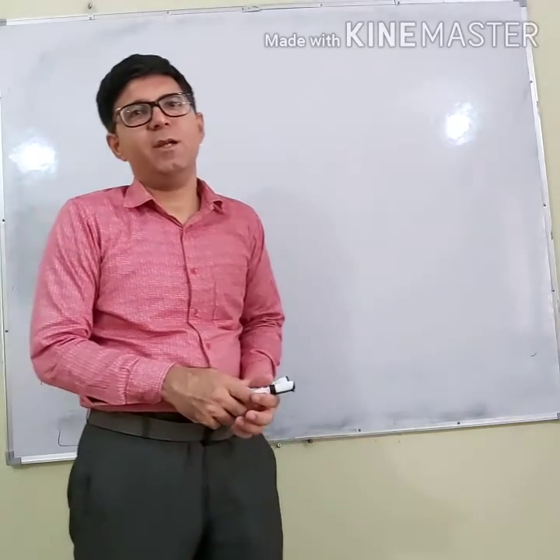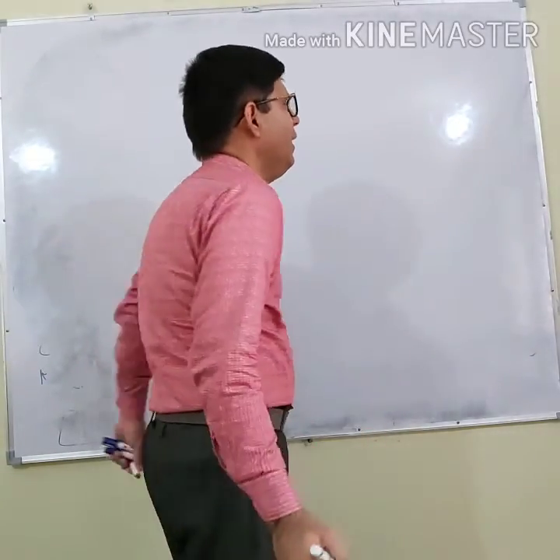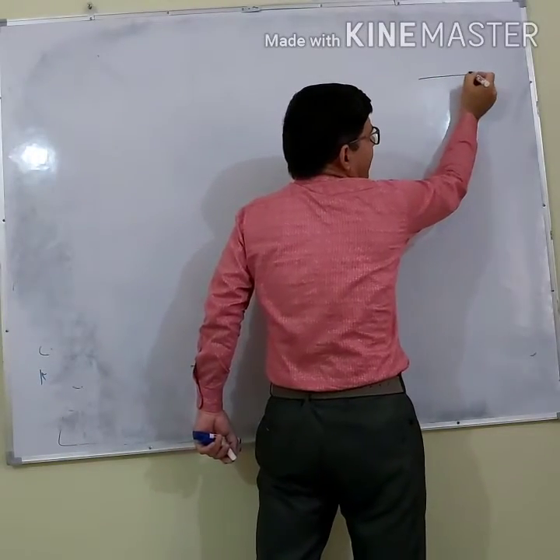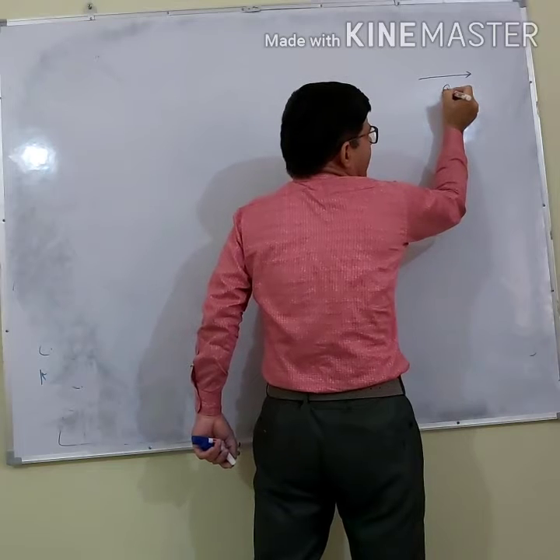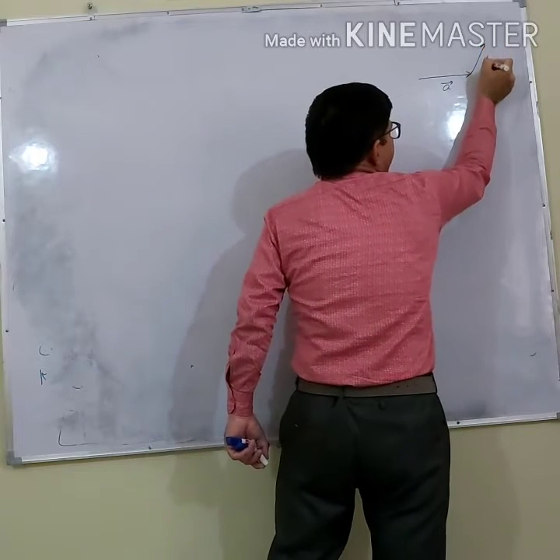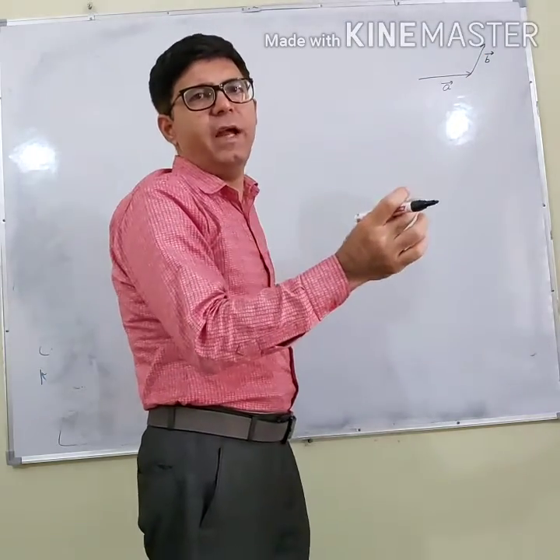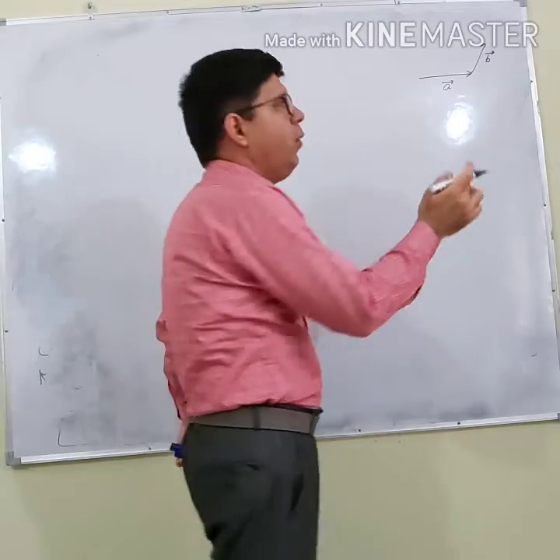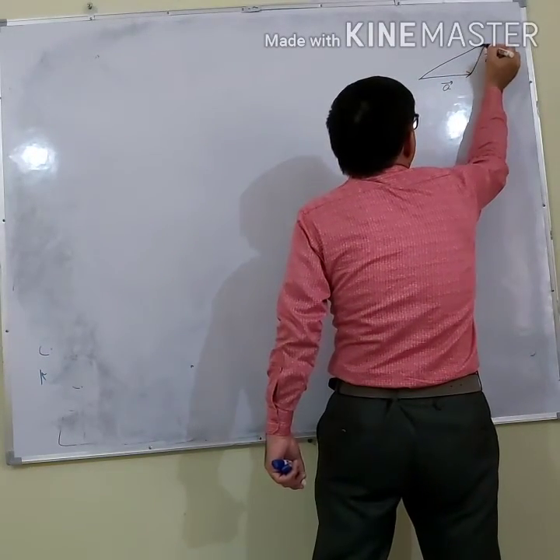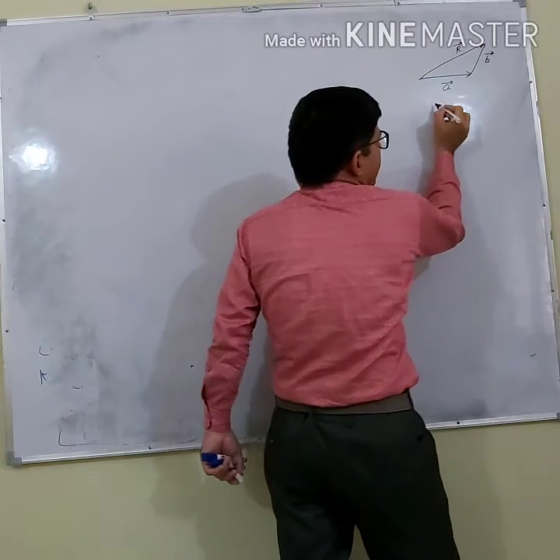Last time we discussed the triangle law of vector addition. If we have two vectors A and B represented by two sides of a triangle taken in the same order, then the resultant is given by the third side of the triangle taken in the opposite order.